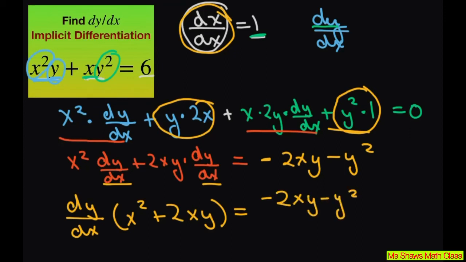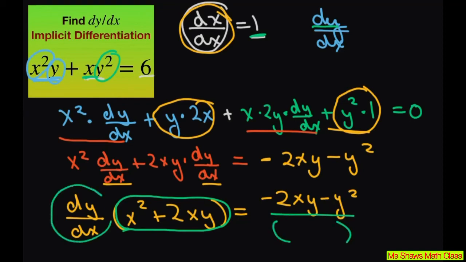And our last step, we're going to divide both sides by this term here. So I'm going to divide by this, and then we will have solved for our dy/dx. I'm also going to factor out this negative. So if I factor out a negative in the numerator, that's going to give me 2xy plus y squared.